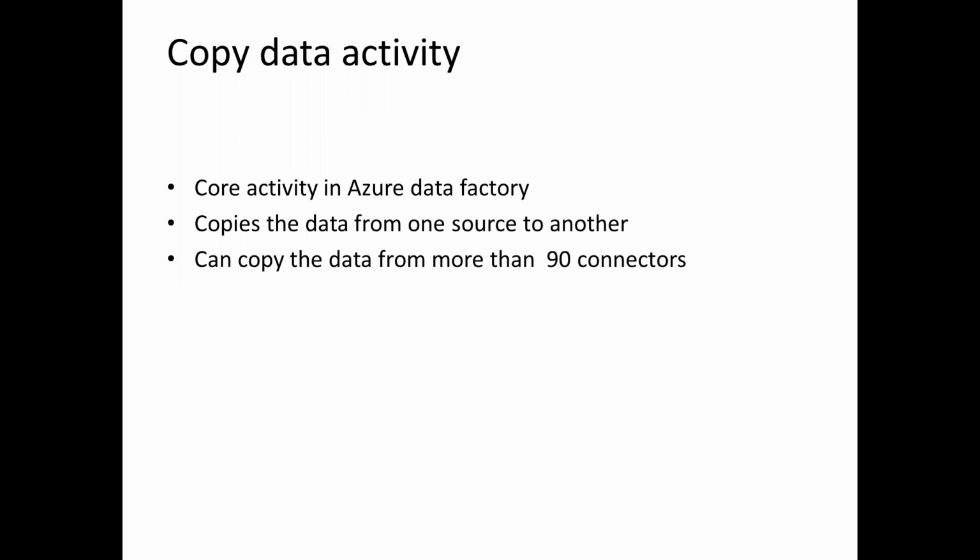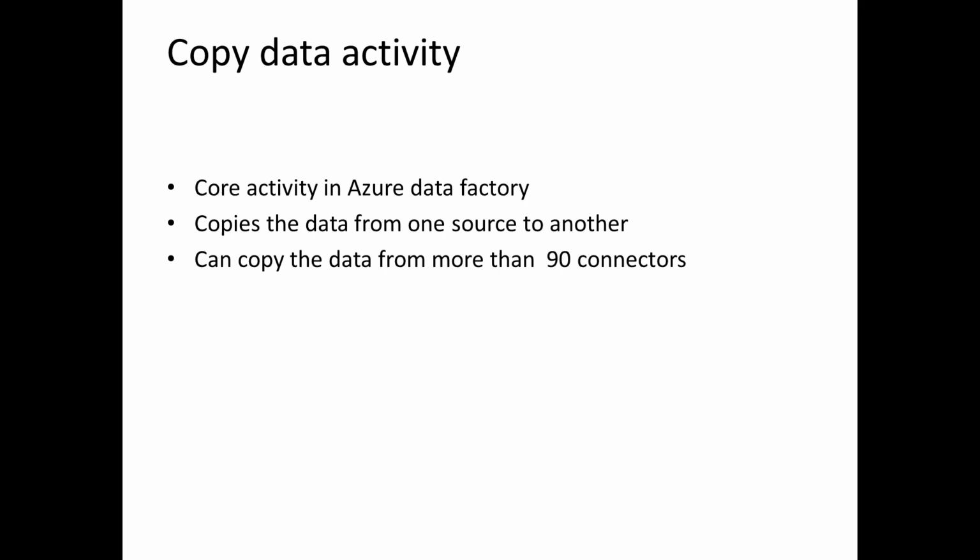Once you bring the data, in real time it's also required to move the data to different stages. For example, they are called staging, landing, cleansed, and presentation. These are the different layers that are followed in real time, and you will be moving the data through different stages.